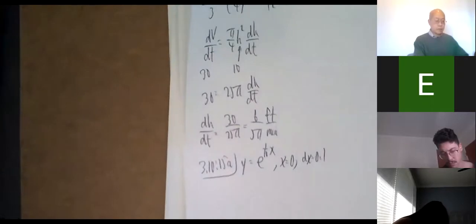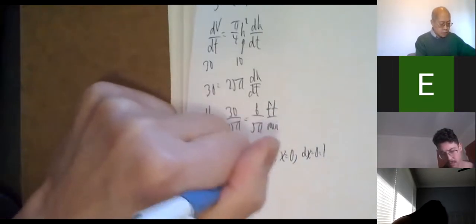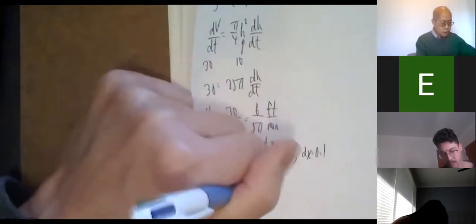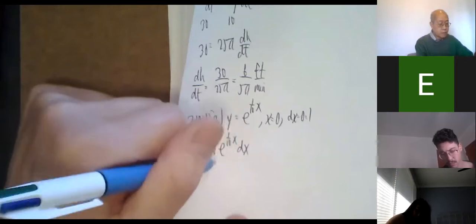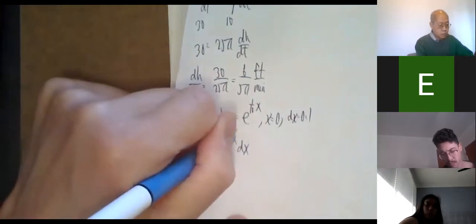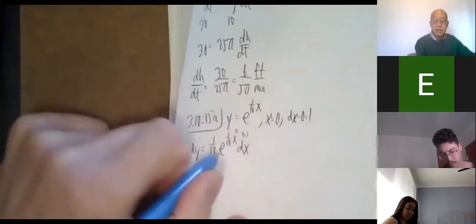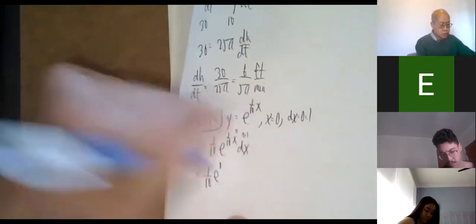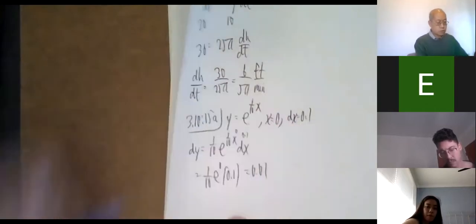I might as well just go with it. I'll do a and b. So dy is the derivative times dx. So 1/10 e to the x times 1/10 dx. Now I just plug in. Put a 0 here and a 0.1 here. So it's 1/10 e to the 0, which is 1, times 0.1, so 0.01.